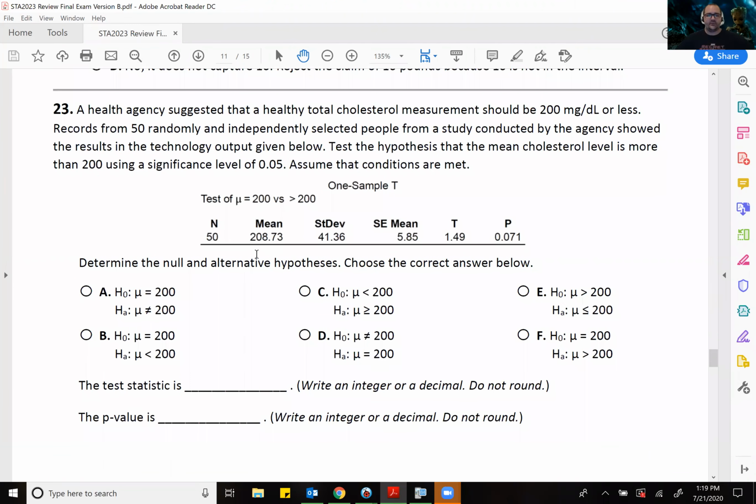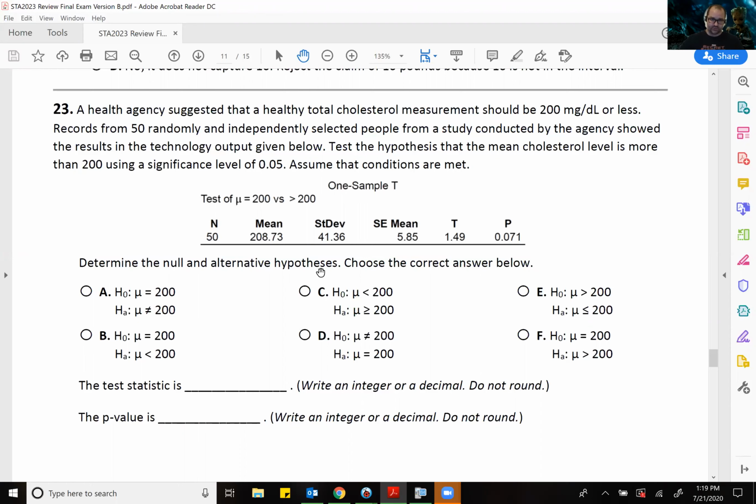So they actually did a lot of the work for us, which is great. So we just got to start reading through and answering some questions. Okay. So it says the health agency suggested that a local total cholesterol measurement should be 200 milligrams per deciliter or less. Records from 50 randomly and independently selected people from a study conducted by the agency showed the results and technology output given below.